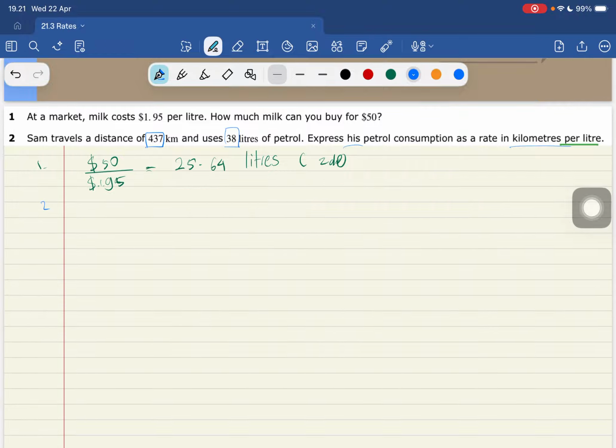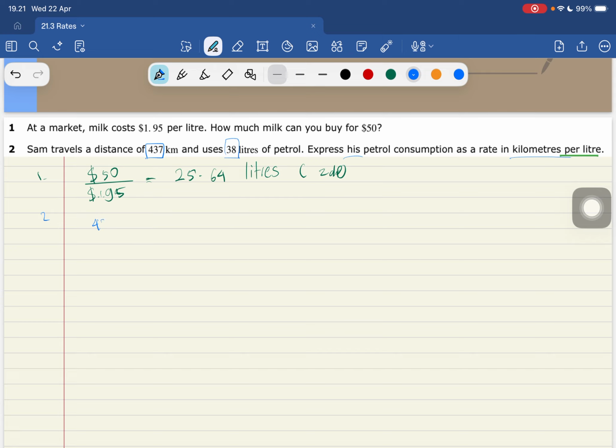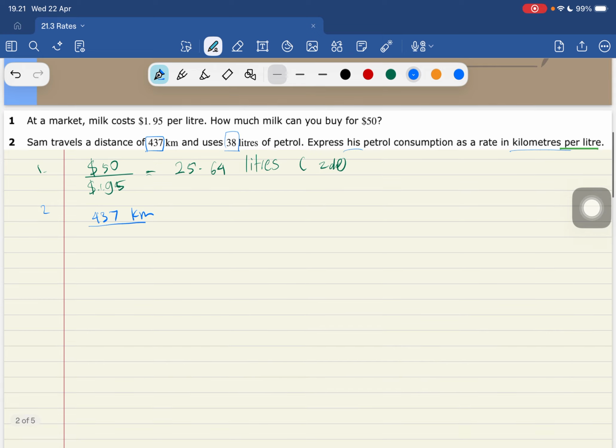So we keep the units, and divide 437 kilometers by 38 liters. The unit is going to be kilometers per liter. So 437 divided by 38, we get 11.5 kilometers per liter.